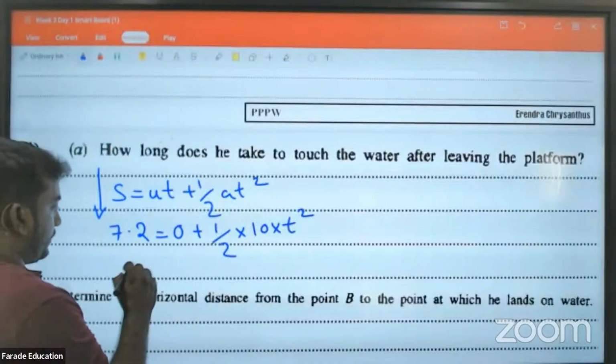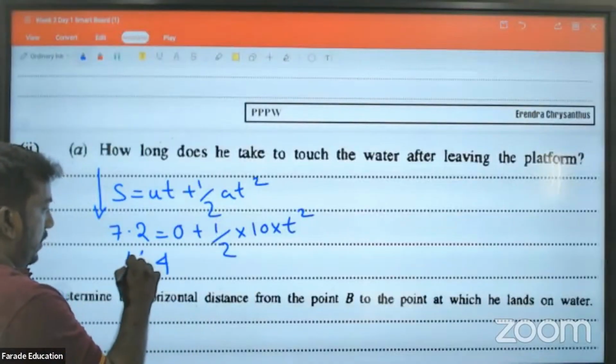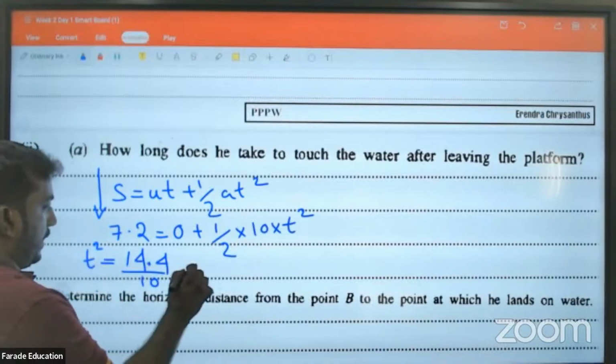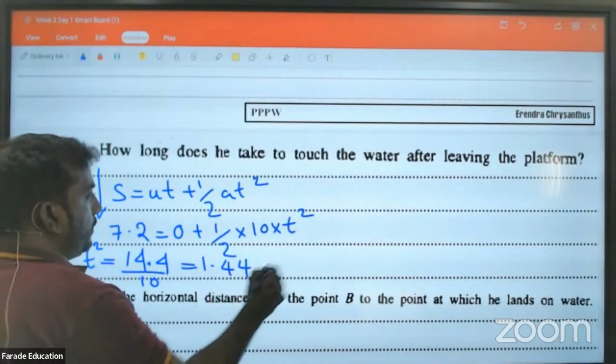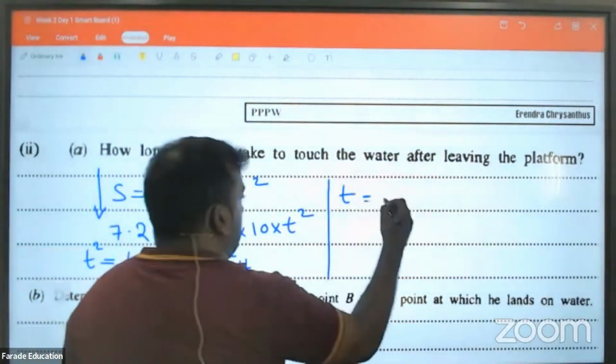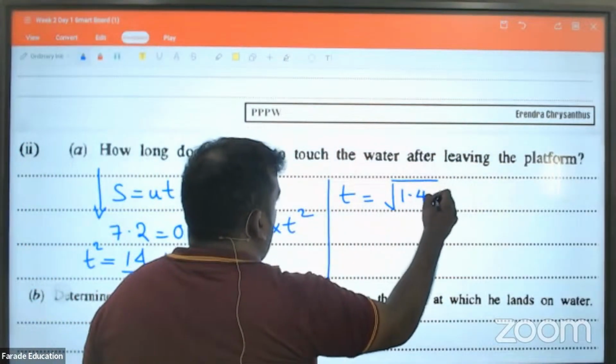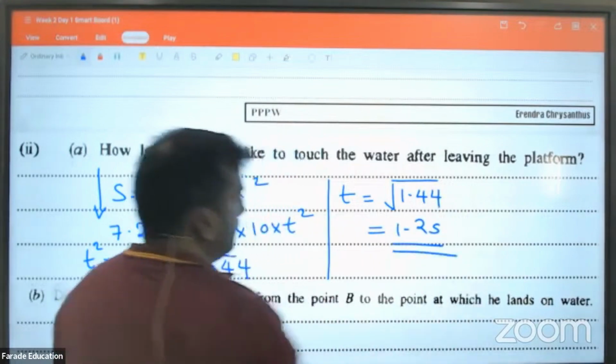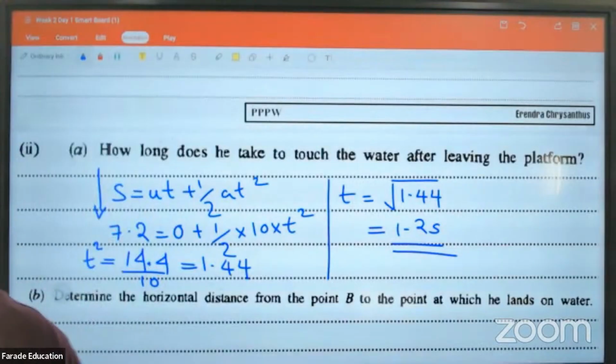Simplify: 14.4 divided by 10 equals t squared, so 1.44. t is equal to the square root of 1.44. What's your answer? 1.2 seconds. In 1.2 seconds, the student will fall down.